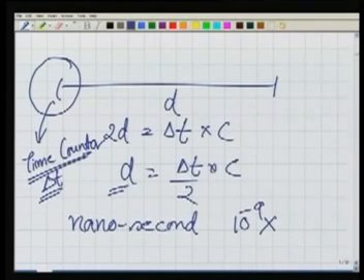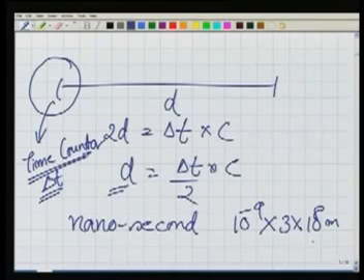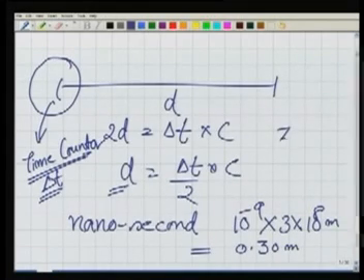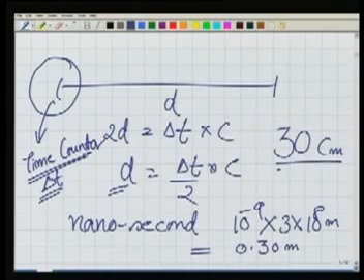If it is so, we know the velocity of light is 3 into 10^8 meters per second. If you solve it, then this comes out to be 0.30 meter, or we can say 30 centimeter. What is the meaning of this?